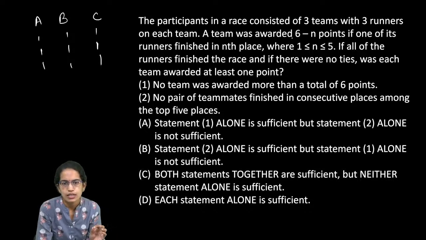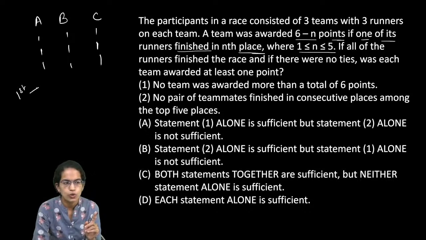The teams are awarded 6 minus n points if one of its runners finished at nth place, where n is greater than or equal to 1 but less than or equal to 5. That means the first runner scored how much? 6 minus n. So the first runner scores 5.